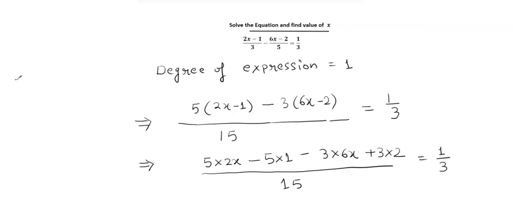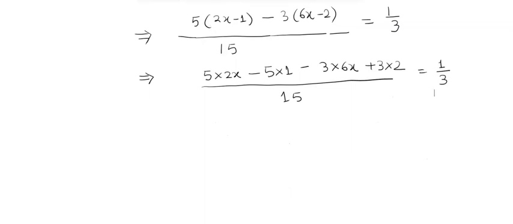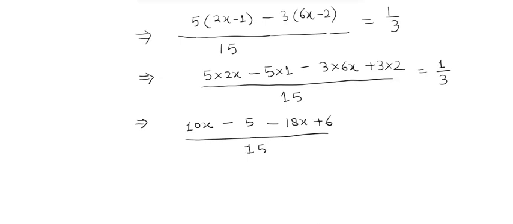Now you simplify like terms: 5 times 2 is 10x, minus 5 times 1 is 5, minus 6 times 3 is 18x, plus 3 times 2 is 6, divided by 15, is equal to 1 by 3.